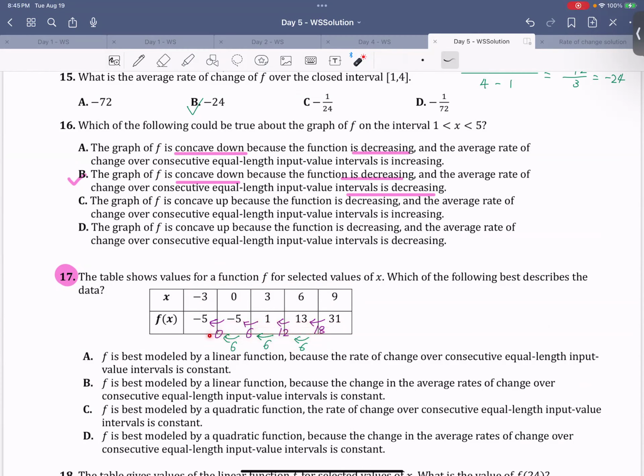Yeah. And then for this guy, you do the difference. Again, it's a constant. So this is what kind of function? Quadratic. If it's quadratic, and this is also a constant 6, and it's positive, do you think this guy is opening up or opening down?